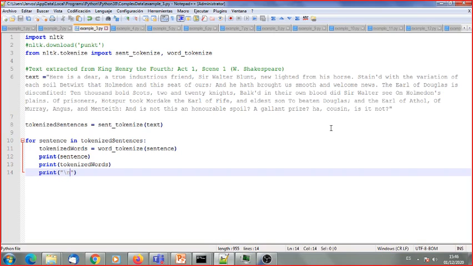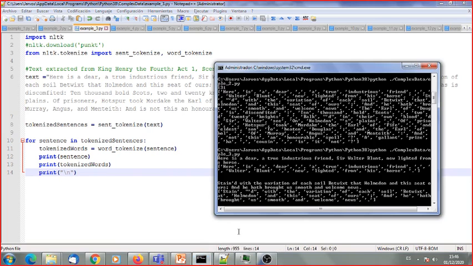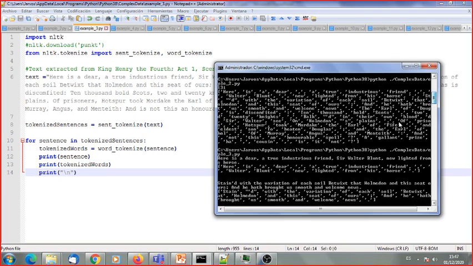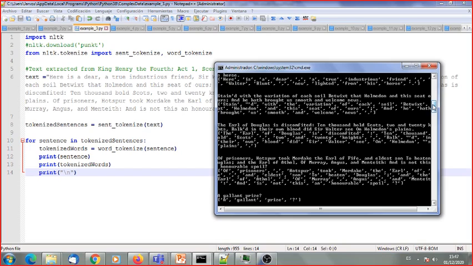Okay, for me, the output is like the sentence followed by the word tokens. Yes, you have the sentences and a list of tokens of that sentence. So if, instead of printing the sentence and the tokens, you print directly the whole tokens, in the previous case we have a list of tokens.